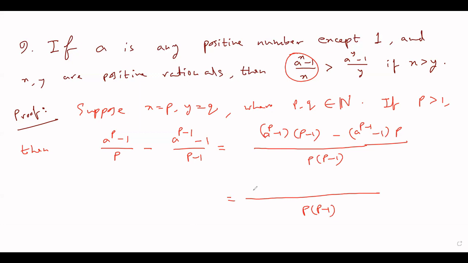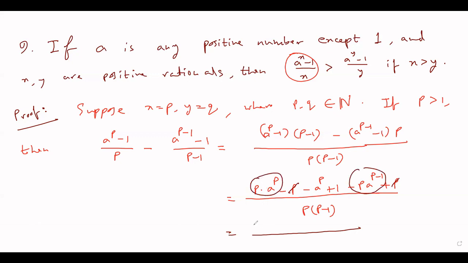So let's multiply: p times a to the power p minus p, minus a to the power p plus 1, minus p times a to the power p minus 1, plus p. So some cancelling here: p gets cancelled. Let's combine these two terms, taking p as common: a to the power p minus a to the power p minus 1.